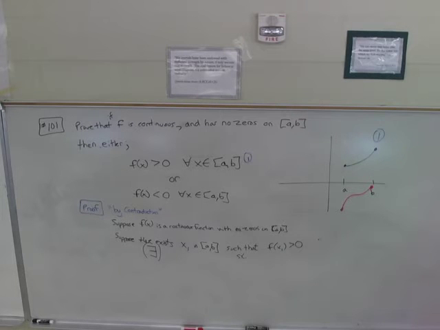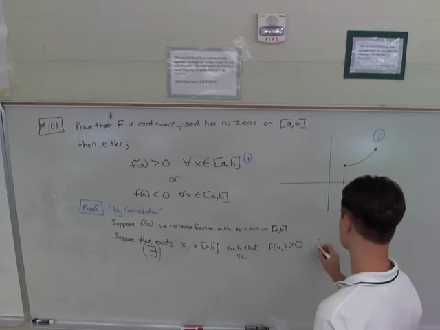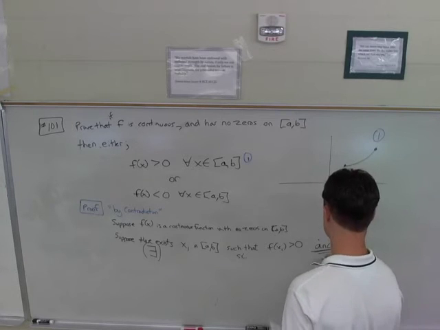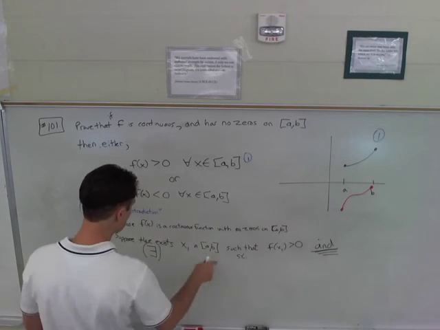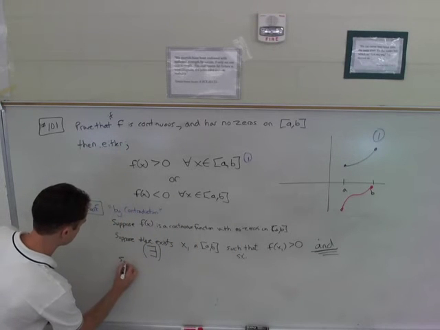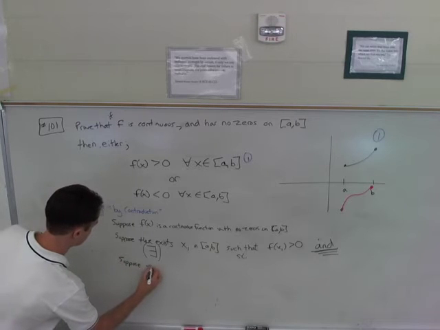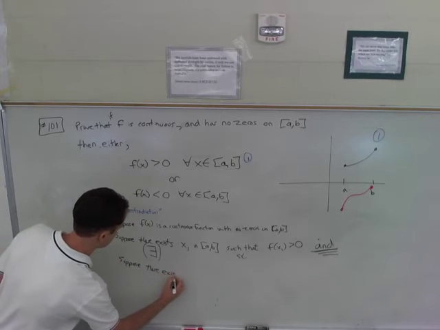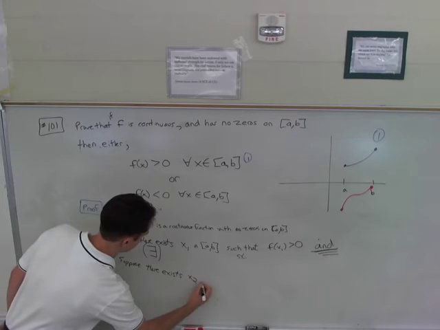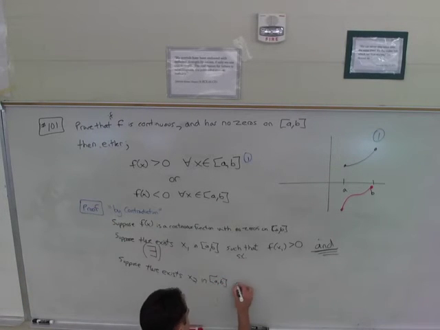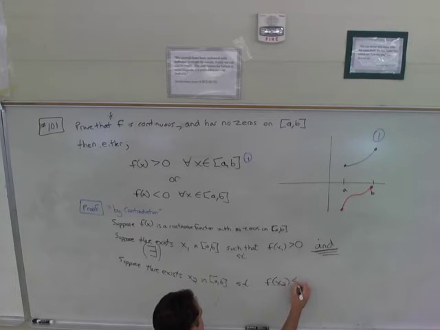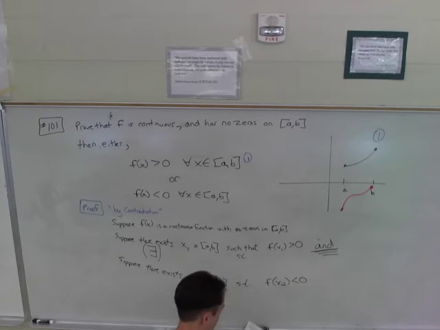Okay? So I said suppose that happens, and this is key, because I'm trying to negate or. The negation of or is and. So I'm saying suppose this happens, and suppose there exists another x, x2, also in AB, such that f of x2 is less than 0.